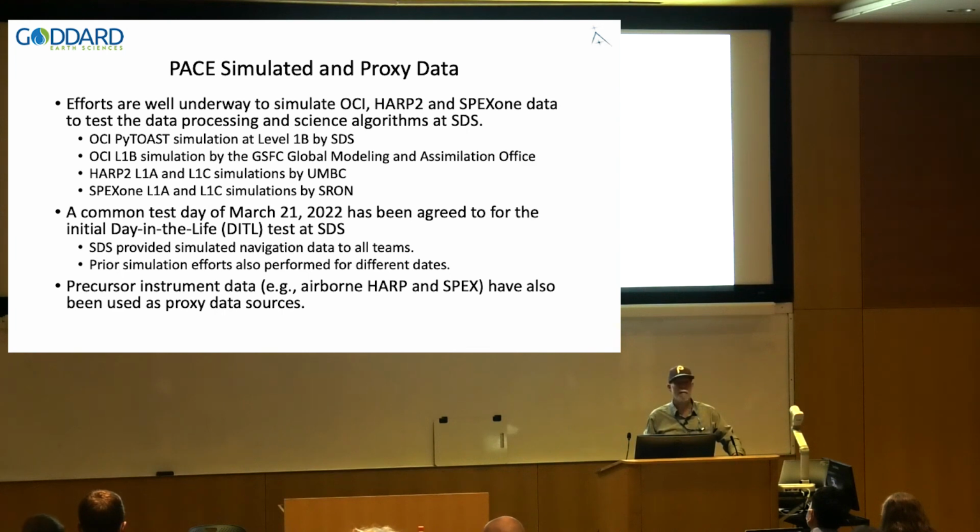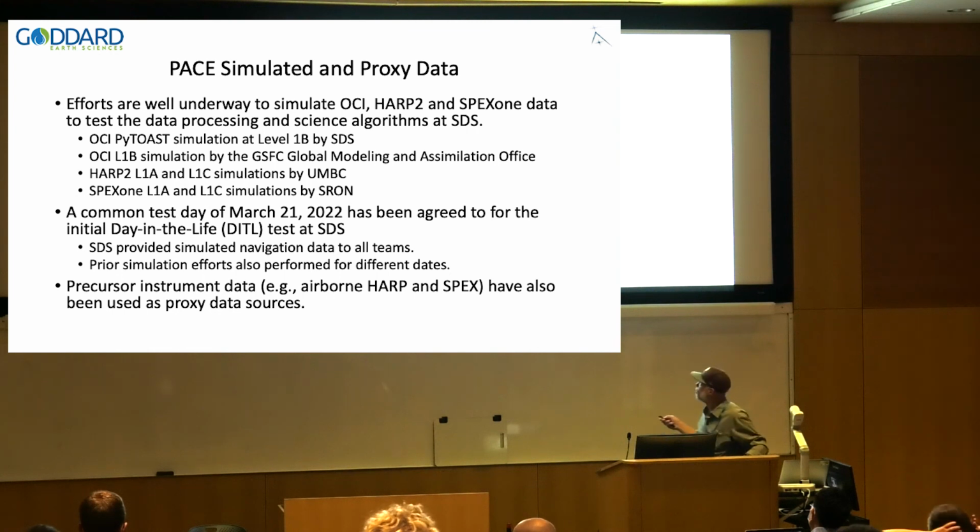So we've got a small amount of data that was generated by that group. And then both UMBC and SRON have been planning their own simulation activities for HARP2 and SPEXone. We haven't gotten those data, we've gotten a few samples of those data sets yet, but we're really just getting started with those.